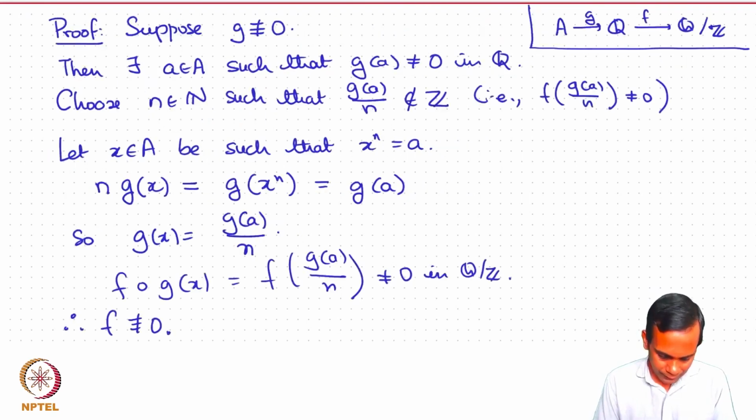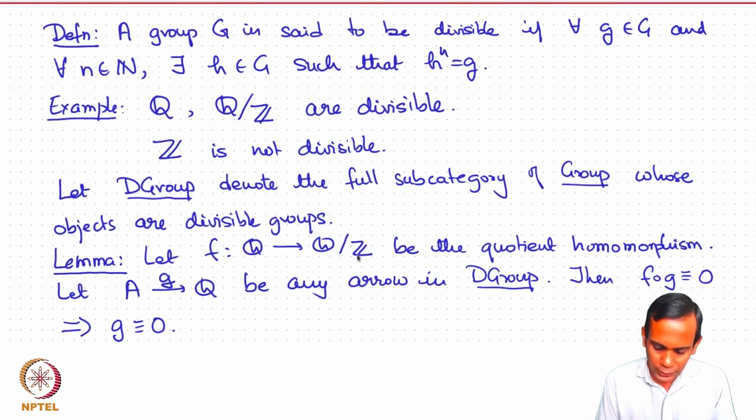However, clearly, f is this quotient map. It has a kernel. It is not injective. So what we see is that in the category of divisible groups, not every monomorphism is injective.